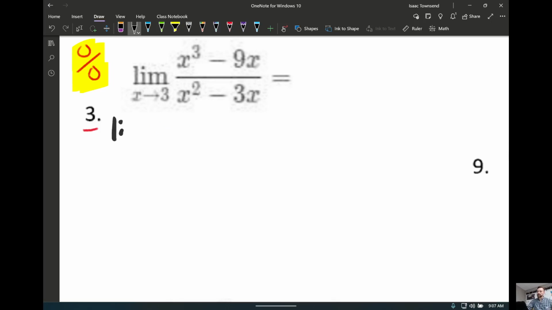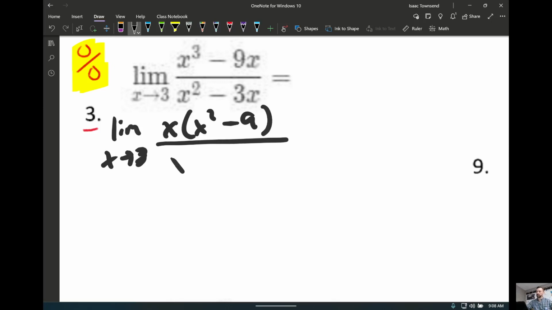So the only method you have to deal with indeterminate form right now, we're going to add multiple methods as we have more and more classes, is factoring. So your numerator could factor out an x. Your denominator could factor out an x. Really, you probably want to factor completely.